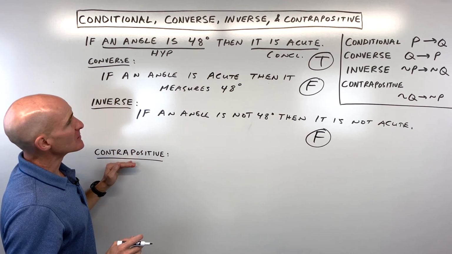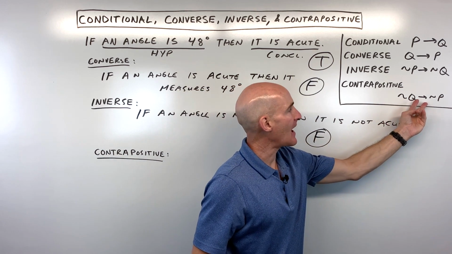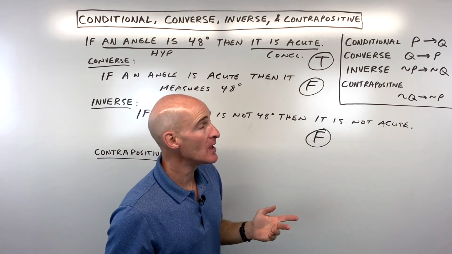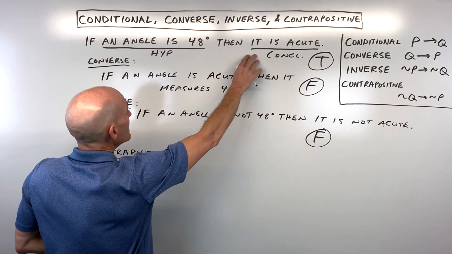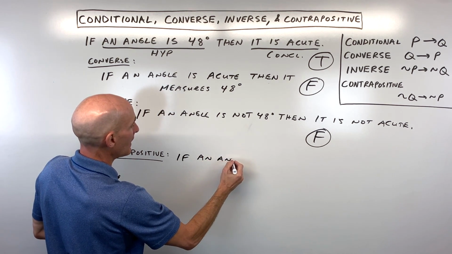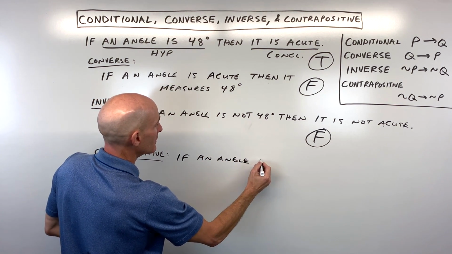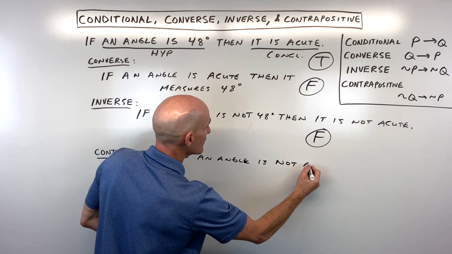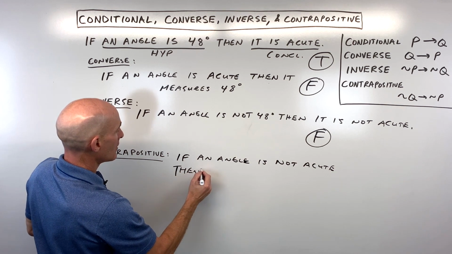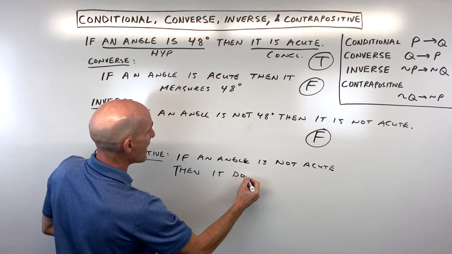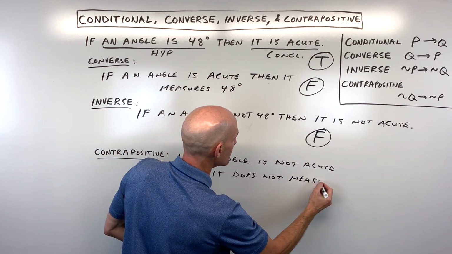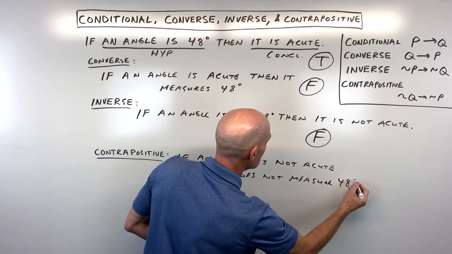Lastly, the contrapositive. The contrapositive is like a combination of the converse and the inverse. You're switching the hypothesis and the conclusion, and you're negating both of them. So the way that would look, it would say, if an angle is not acute, then it does not measure 48 degrees.